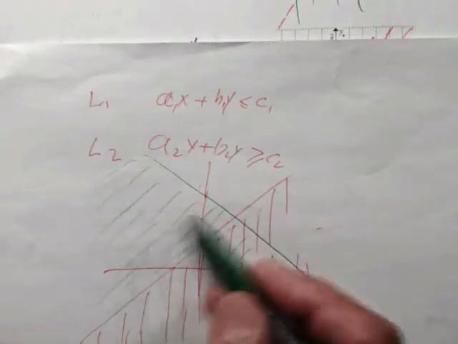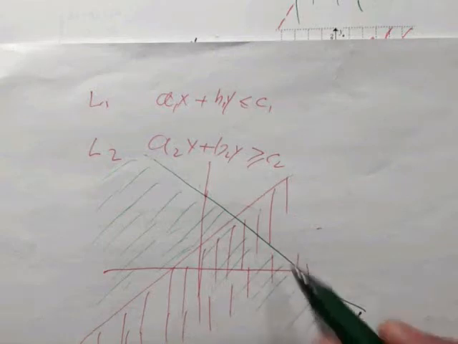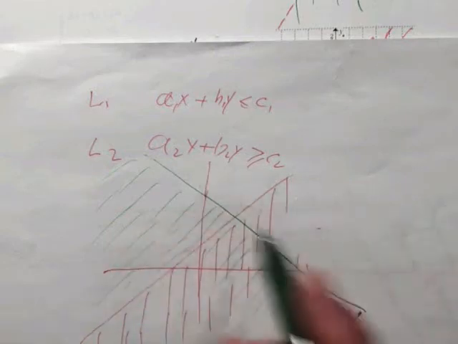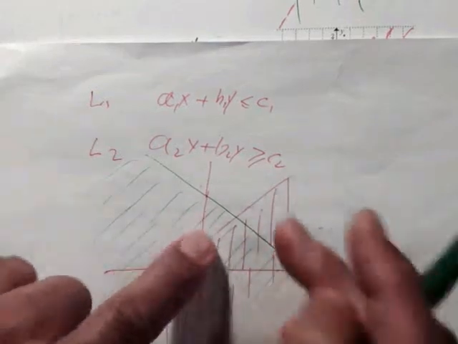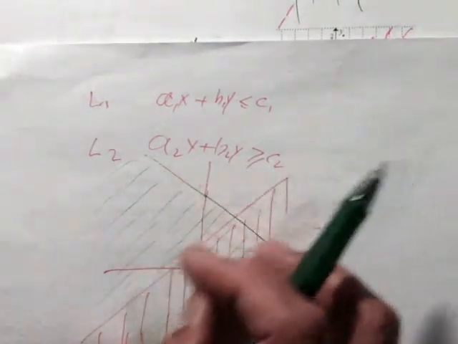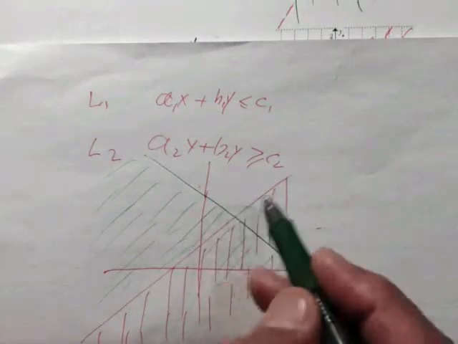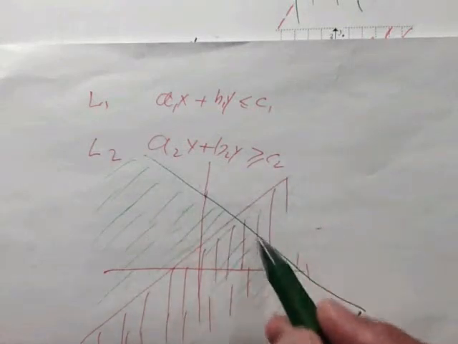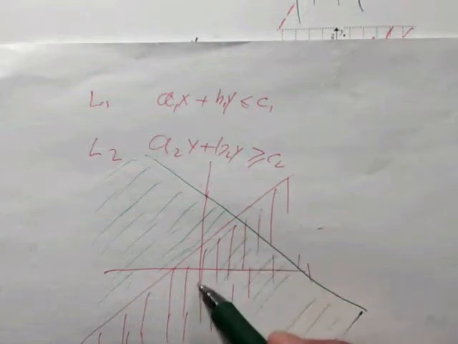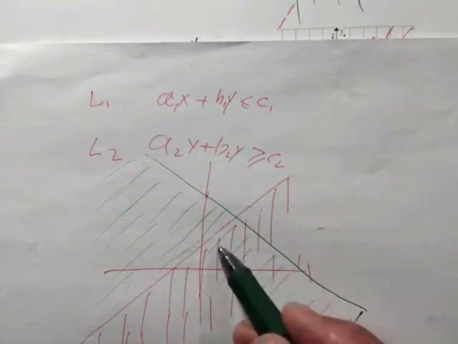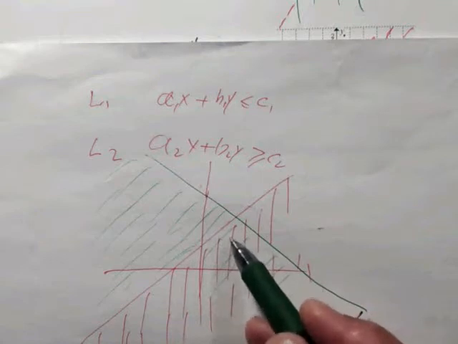Then the question is, you have four regions here. You see one, this angular thing, then another one right up here, here, and here, four. So the question is, which one of these four sections are the solution points?